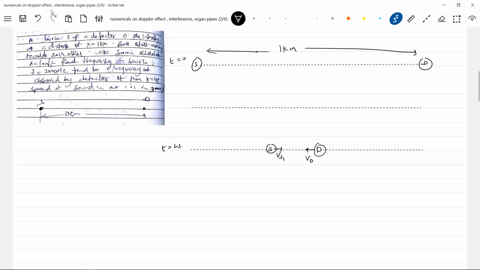When should it have been generated? Somewhere at some instant of time, the source, when somewhere here, it would have been generated. And the detector will be somewhere here. Now the wave will be generated, and the wave will propagate, and it will be detected at t equal to 4 seconds.